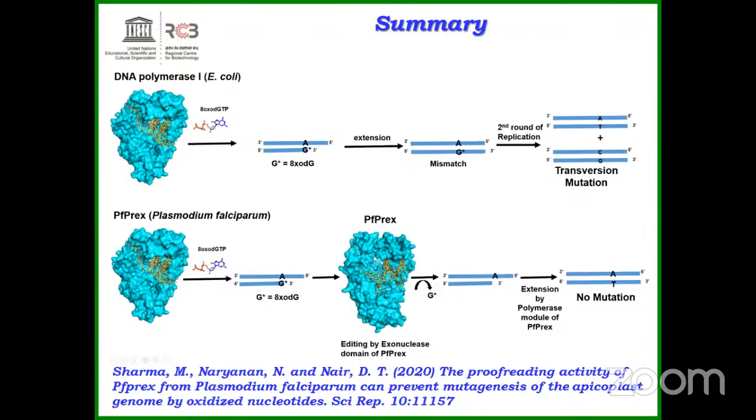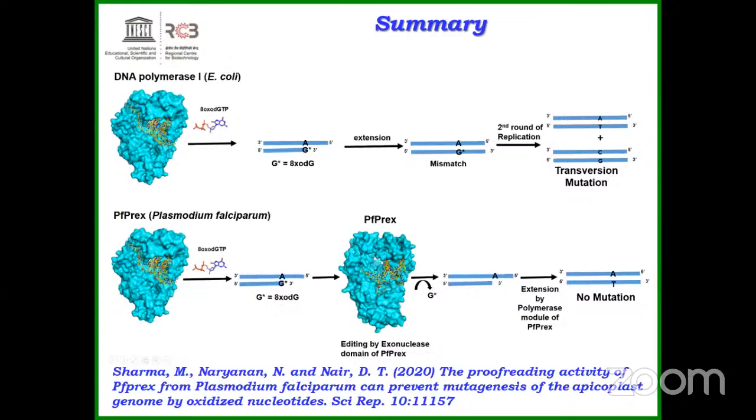So this is a schematic of the study. Here you have DNA polymerase 1 from E. coli, meaning the famous Klenow fragment comes from this enzyme. And this is the closest structural homologue to the PfPrex polymerase from Plasmodium falciparum.